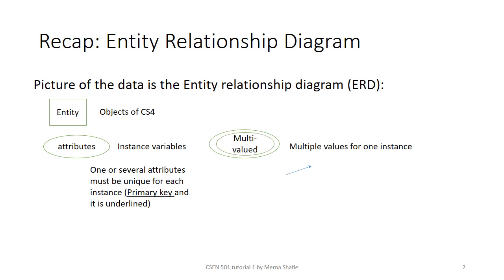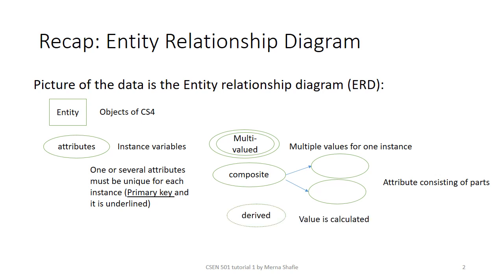We have said that we have multiple attribute types. The first type is the multi-valued attribute, which describes an attribute that may have several values, not only exactly one value, like, for example, the telephone number. We have seen the composite attributes, which consist of different parts, like, for example, the address.